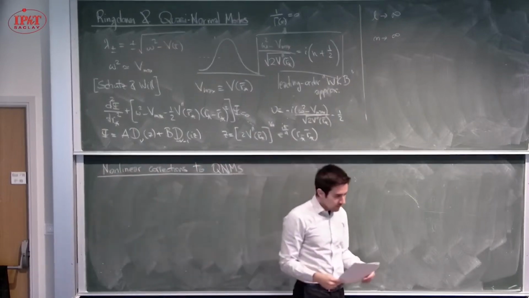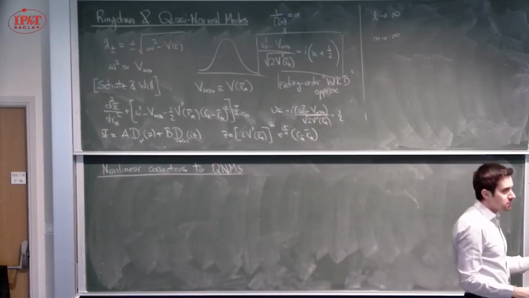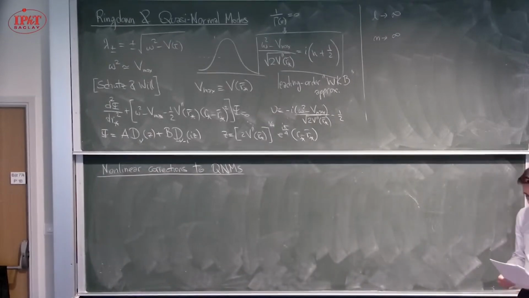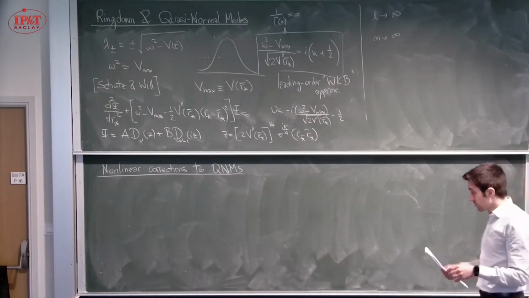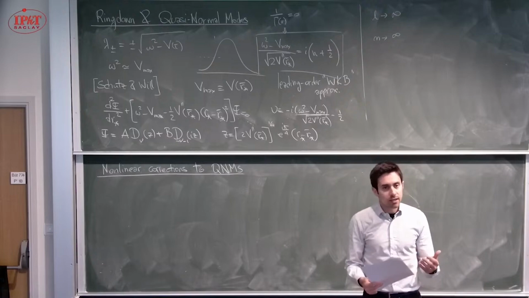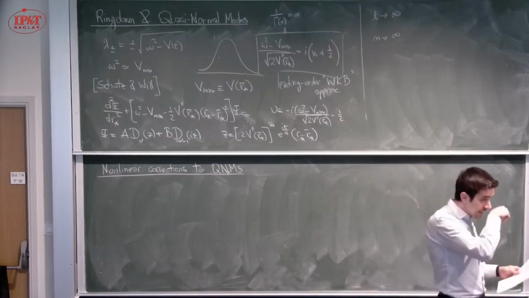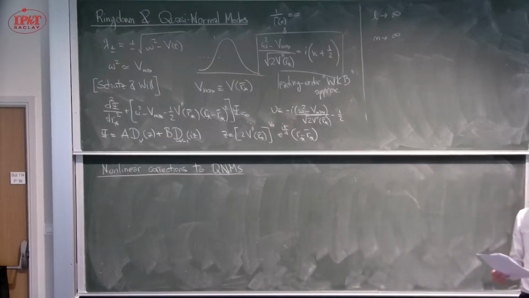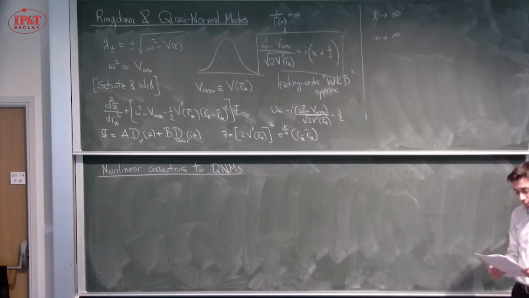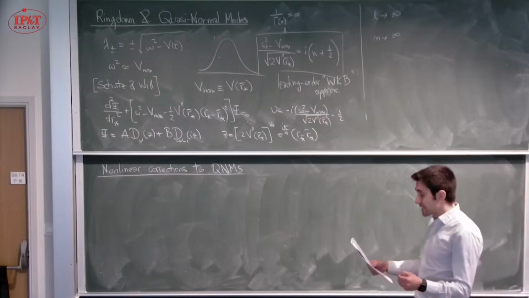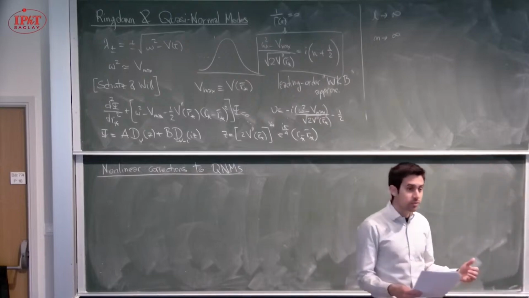So, of course, we said that these perturbations decay exponentially. So it is reasonable to expect that linear black hole perturbation theory can model the ringdown pretty reasonably well after a time that is roughly the time scale of the decay of these quasi-normal modes.